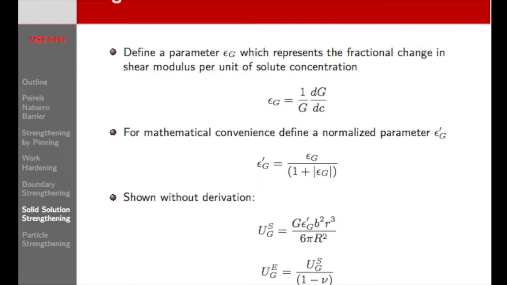So we're dividing by a smaller number, so the energy for a pure edge is roughly 3/2 that for a perfect screw, because Poisson's ratio is always about 0.3.